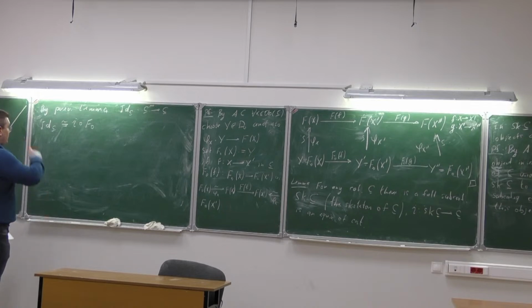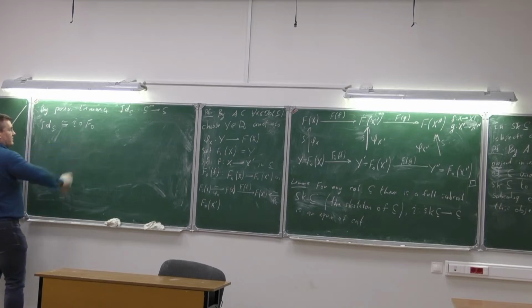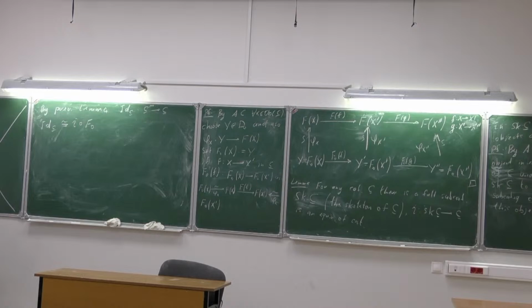So this tells us that if you consider these two functors, one is I and the other is F naught, then the composition is the identity in one direction. So the problem is to show that if you take the composition of the F naught and I, you still get something which is naturally isomorphic to the identity functor. Well, that's the following computation.